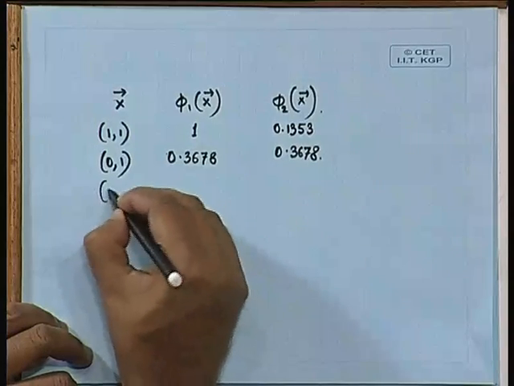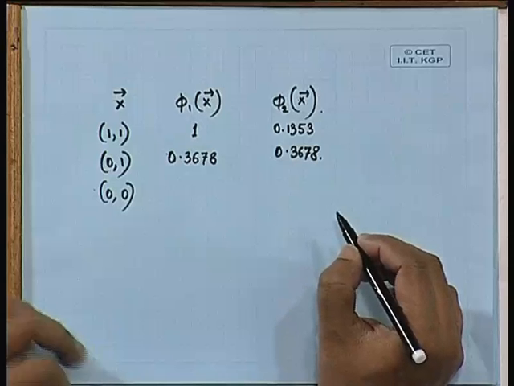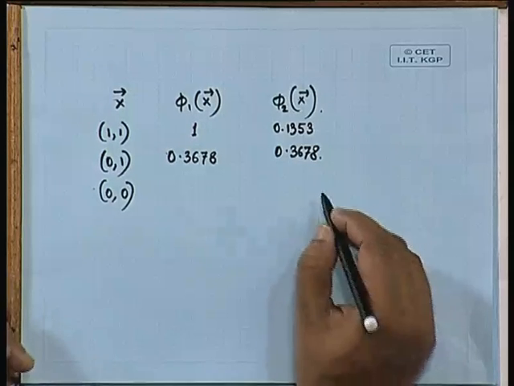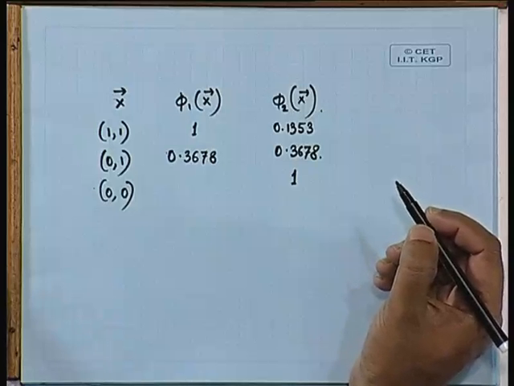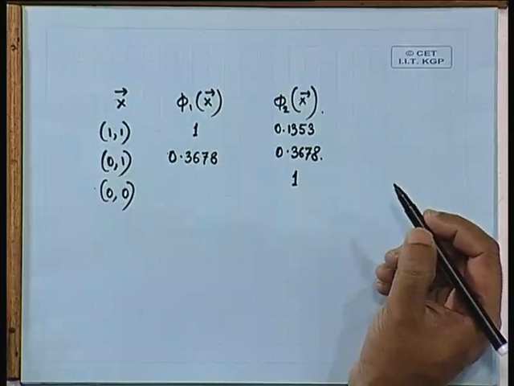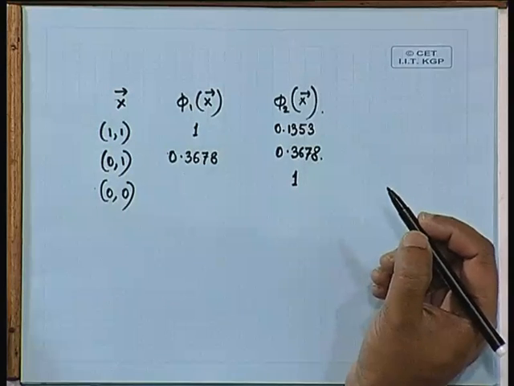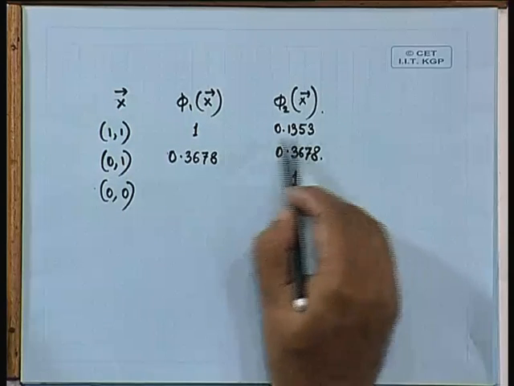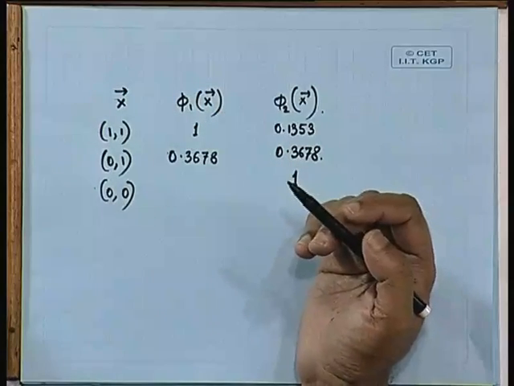And then for 0 0, what is it that one can expect? 1 for phi 2 definitely, because phi 2's center itself is 0 0. So, for phi 2 we will be getting a value equal to 1, and for phi 1 we will be getting the value that we had got out here, because after all it is a squared norm that we are computing.